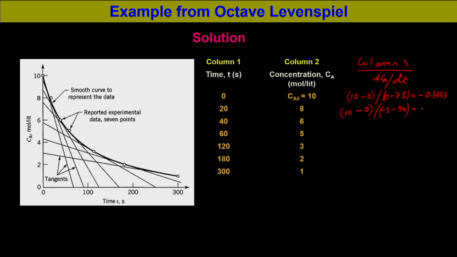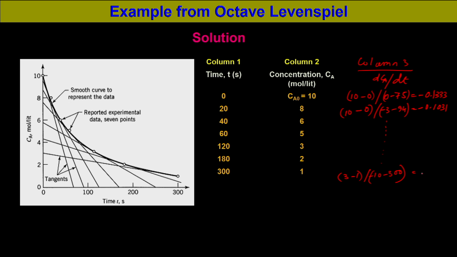So, it would be about minus 0.1031, so on. So, we can calculate all these data points and we will get, for this one it will be 3 minus 1 divided by minus 10 minus 300.